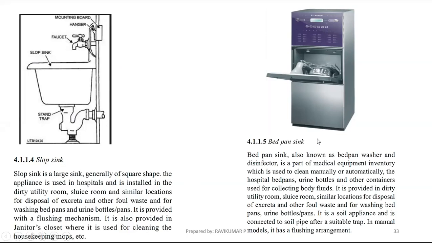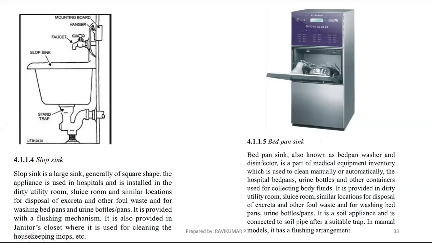Bedpan washer is the same thing as the slop sink, but they will not throw the urinal and everything. They will wash the equipment, like a dishwasher. In the house we are using a dishwasher now, where we wash plates and spoons and everything.